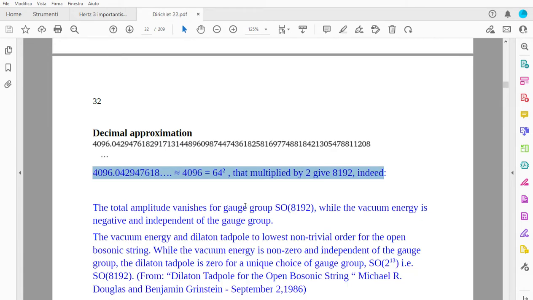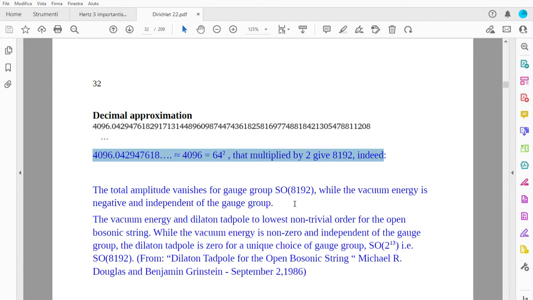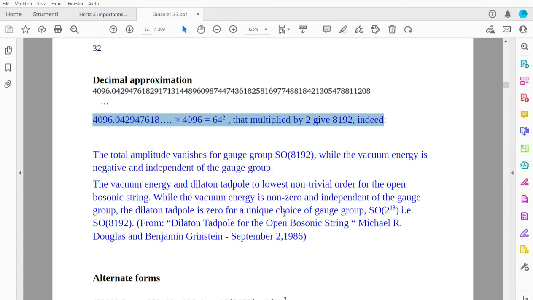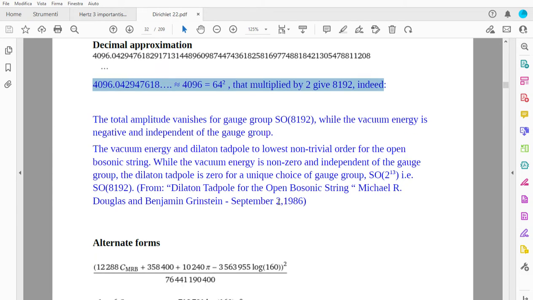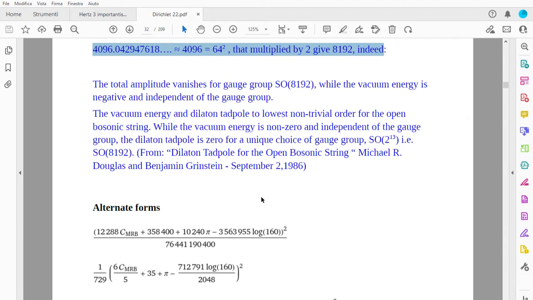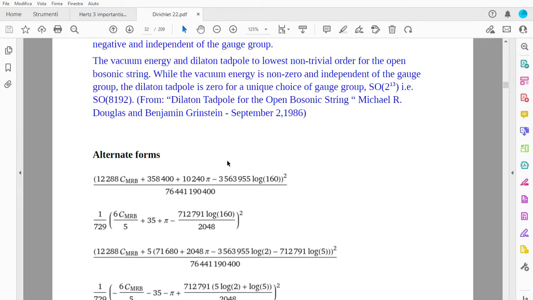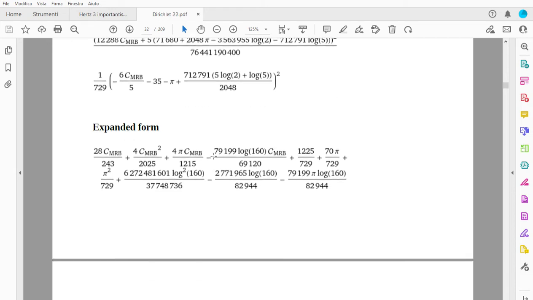That is the gauge group SO(8192), that is fundamental in the theory regarding the open bosonic strings. Also here we have the study of the function, then the alternate forms, expanded forms.